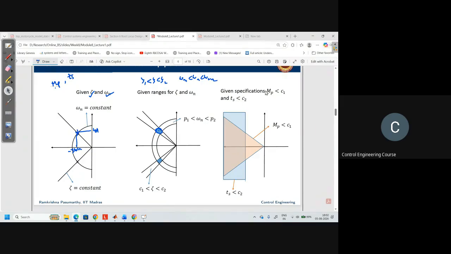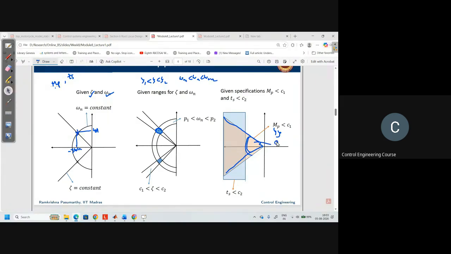Sometimes they give the specifications of peak overshoot and settling time with limits, like an upper limit. Because see, this curve will tell you the location of zeta, right? From the Mp you will calculate zeta. So that zeta is captured by this angle theta, right?